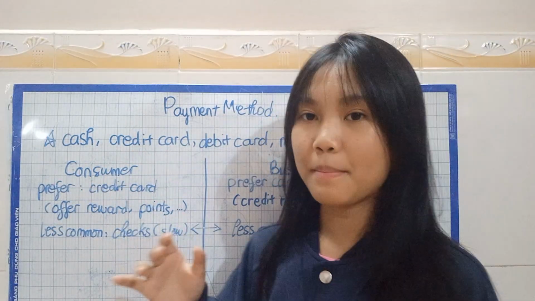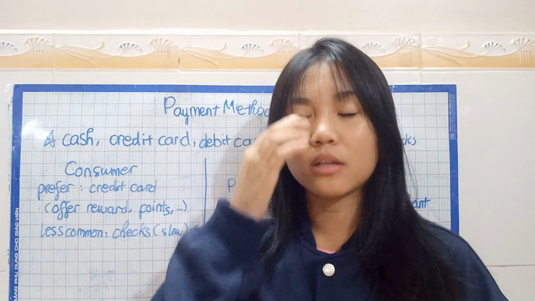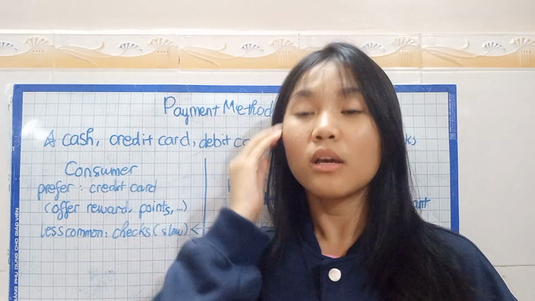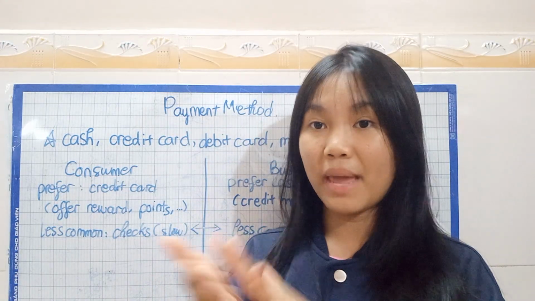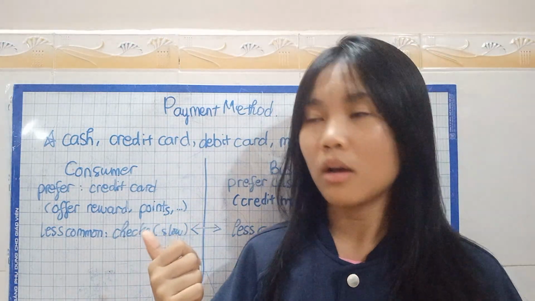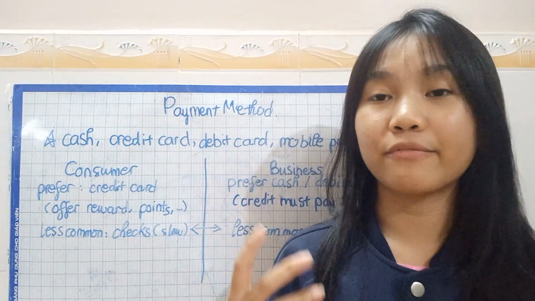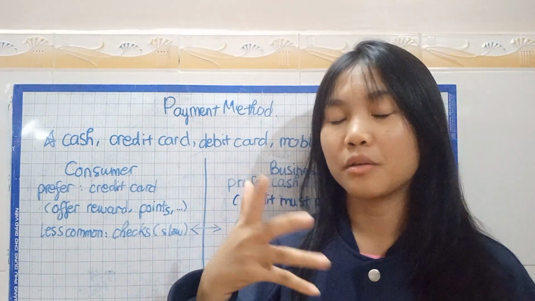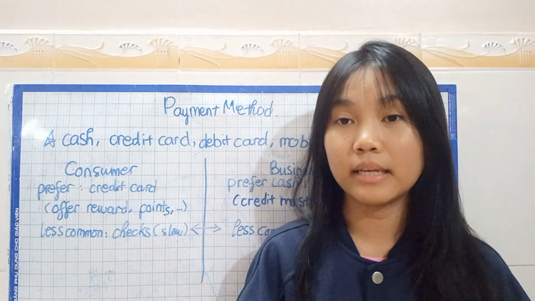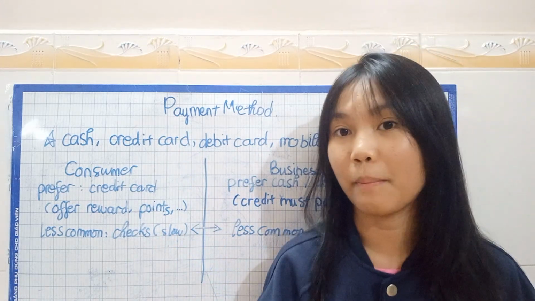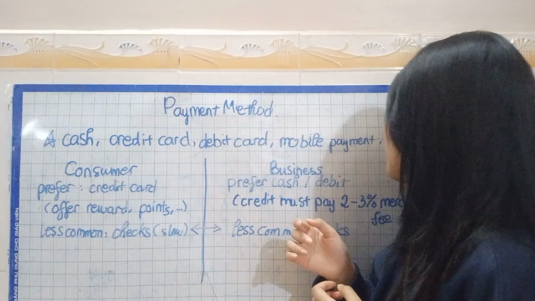Some of the most common ones include cash payment, which is when you give out dollars, the cash that is actually in paper form, credit card, debit card, and mobile payment apps, like when you have those banks on your apps, right? So you scan the QR code or something and then it automatically transfers the money from your bank to somebody else's bank.